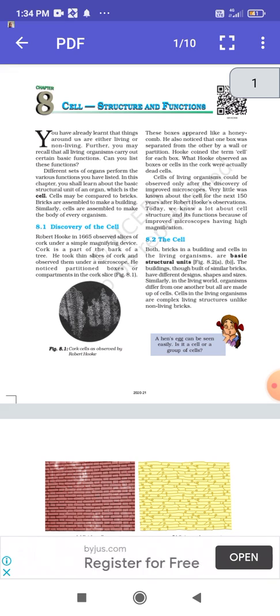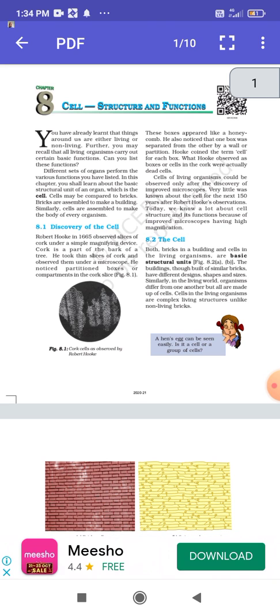Now see students, the credit for the discovery of the cell goes to Robert Hooke. Actually, he took thin slices of cork. Now, what is cork? Cork is basically a part of the bark of a tree, and he observed these thin cork slices under the microscope, and he noticed small partitions or compartments, or you can say small rooms in the cork slices.